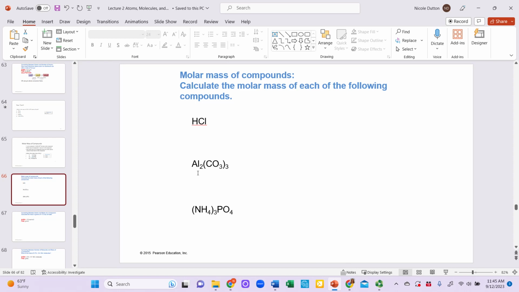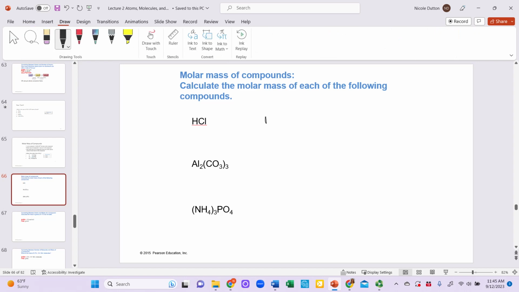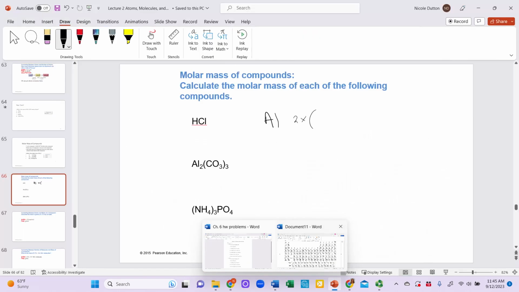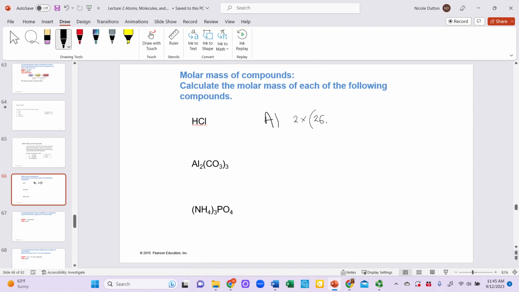All right, so if we look at this one, aluminum. How many aluminum are there? There's 2. And what's the mass of aluminum? We got to go to our periodic table. And aluminum is 26.98 grams. Here, we're looking at carbon. Now, since this 3 is on the outside of the parentheses, we have to carry it in.